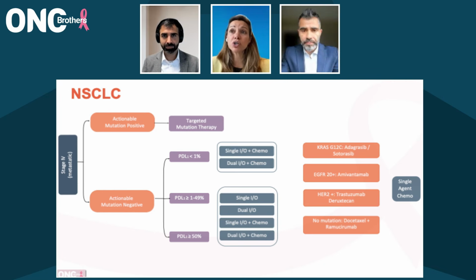Between these 2, if you go through with a fine-tooth comb, there is some finite data that patients that have CNS metastases may benefit slightly more from adagrasib. So someone that has brain metastases or progressive brain metastases, I might consider leaning more towards adagrasib.